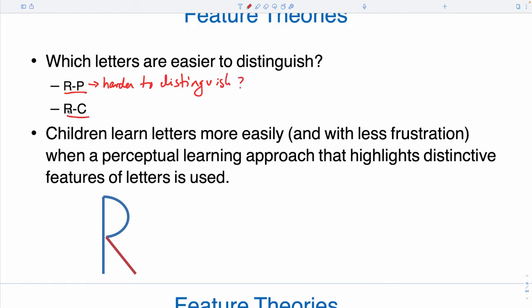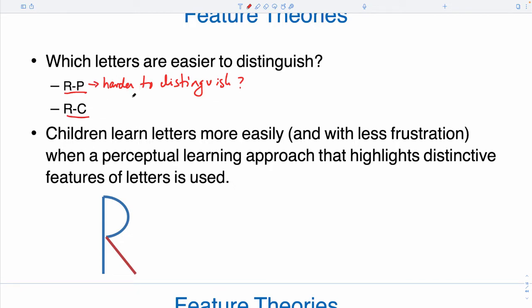There are some similarities between the R and the C, but the R and the P have more overlap, don't they? The only part that's unique for the R is this little diagonal that comes out. Everything else is the same. So this one is harder to distinguish.